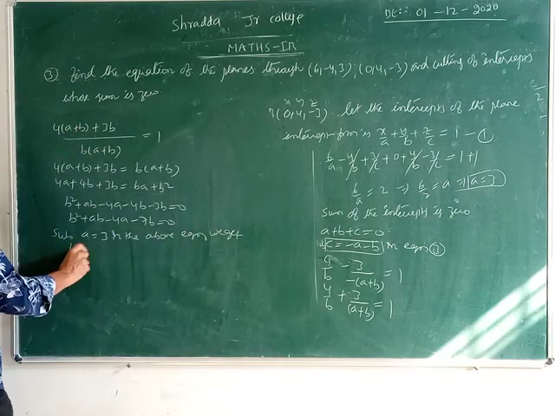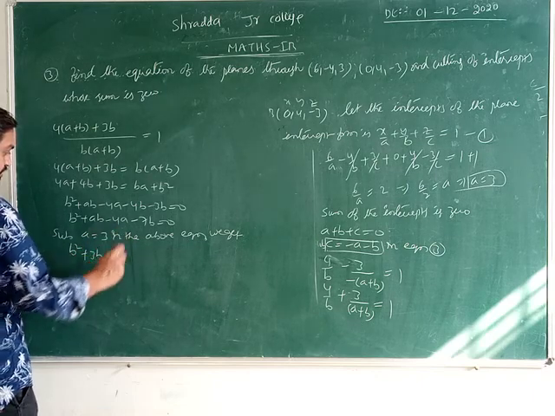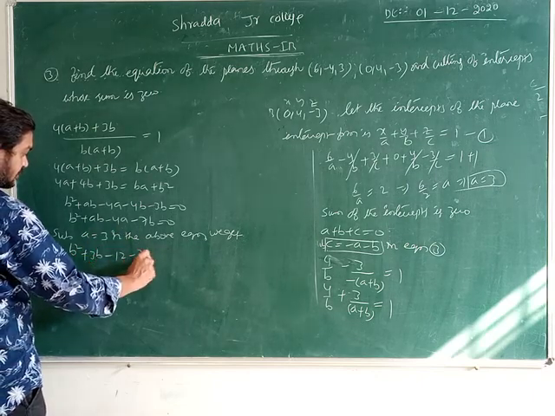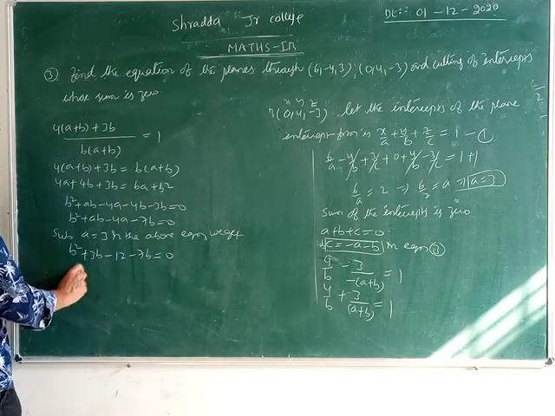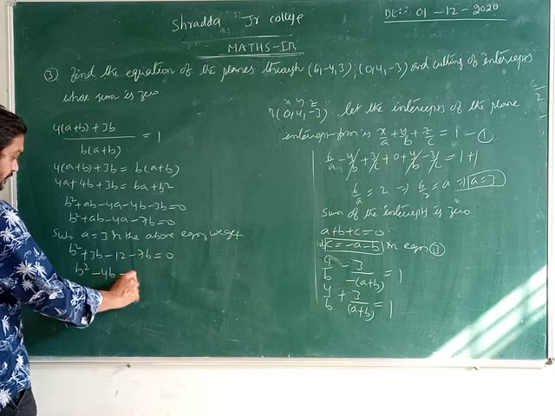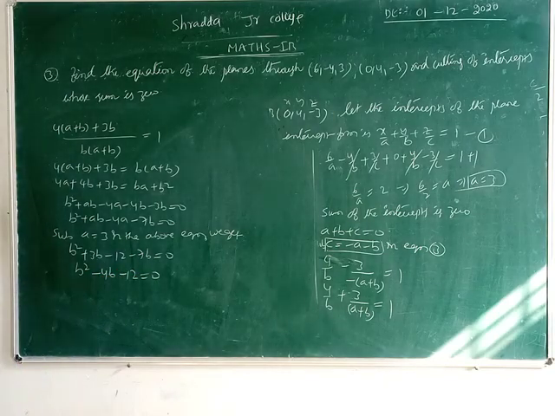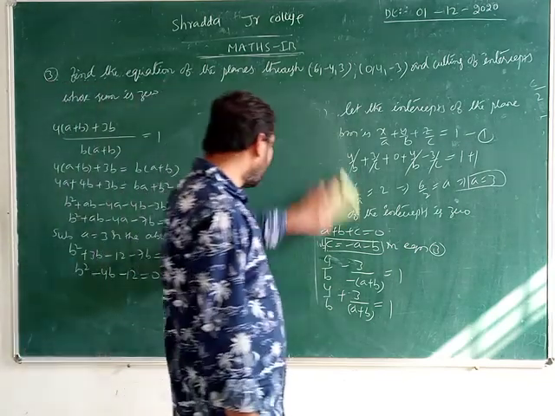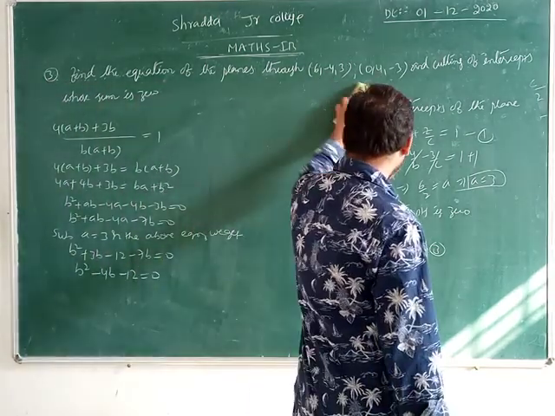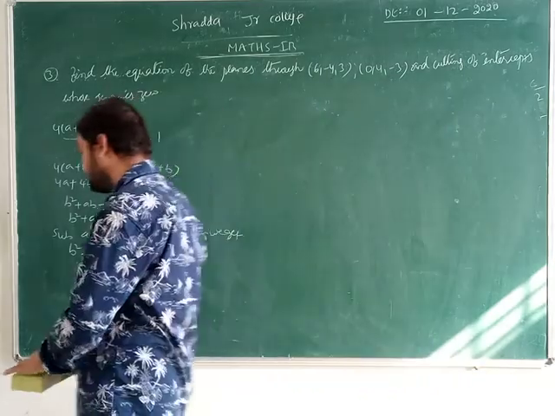What we are getting here: b square plus 3b minus 4 times 3, that is 12, minus 7b equals 0. So b square plus 3b minus 7b, that is minus 4b, minus 12 equals 0. So this is a quadratic equation in terms of b. Now what are the factors here? See here what we are getting now.